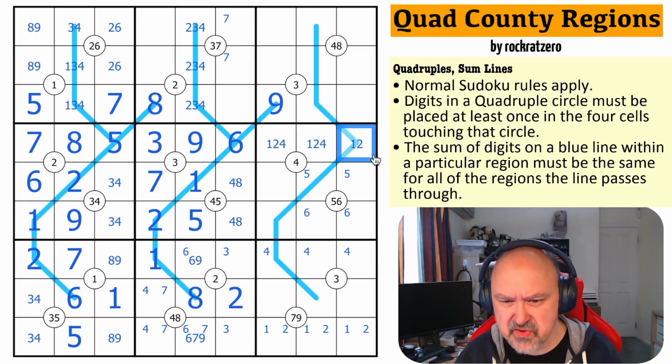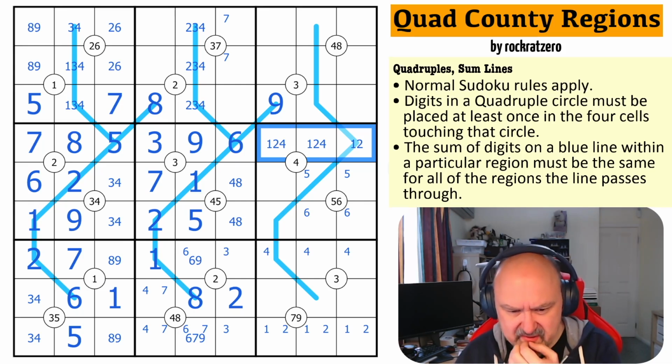So this is 1 or 2. That's okay. Six is down here. This line is starting to become a little bit more restricted. But I need more.